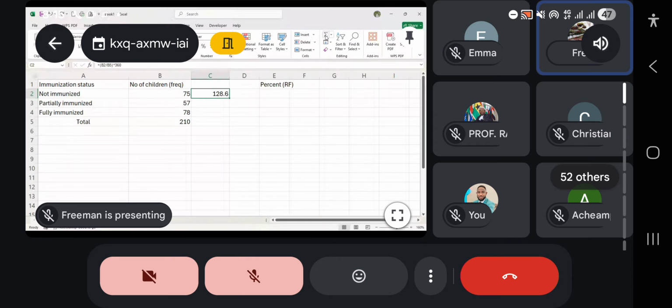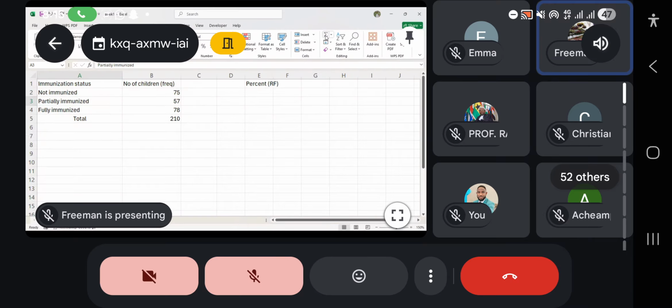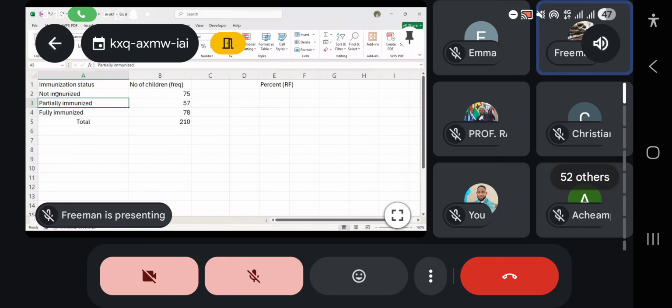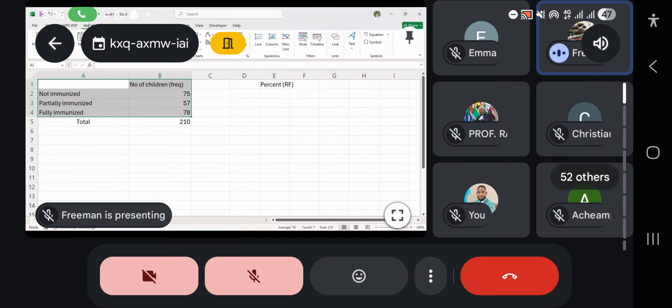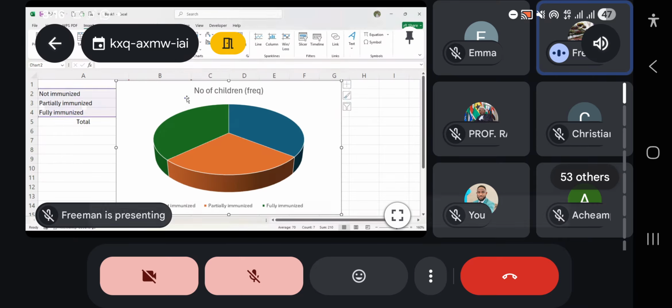However, you can just use your computer this way. You select the data the way you are seeing it, then you go to insert, then you have a pie chart here. You click on the drop down arrow and select this one.